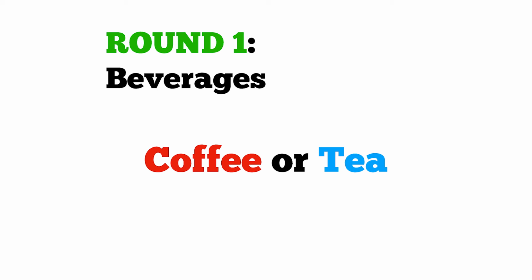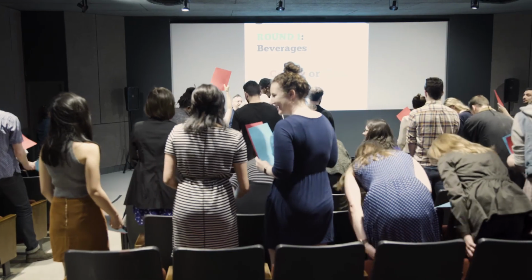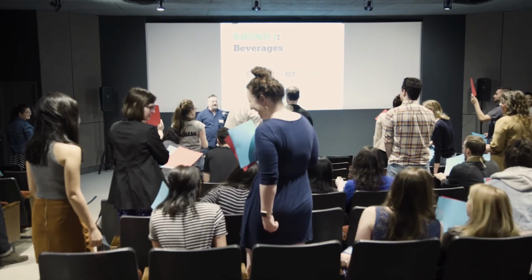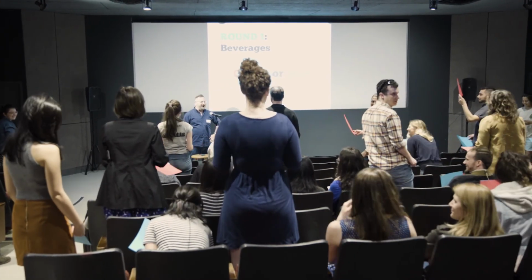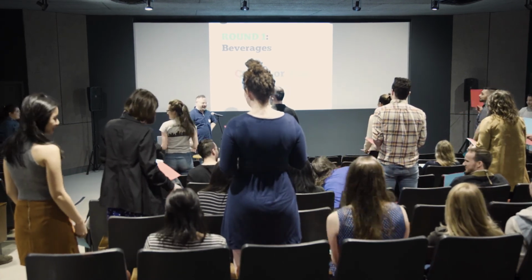1, 2, 3, vote. So red is, I think tea is winning here, so coffee stays. Tea, sit down. Oh, you're all out thinking yourselves. Already. Yeah. All right, ready for round 2?